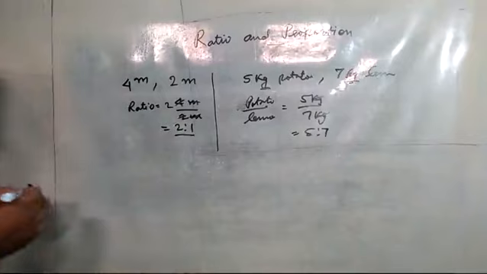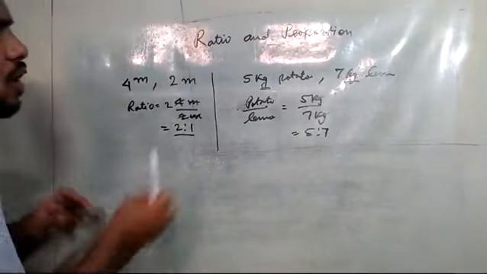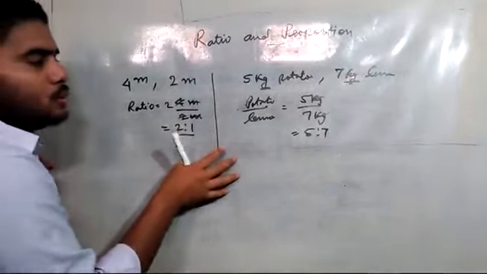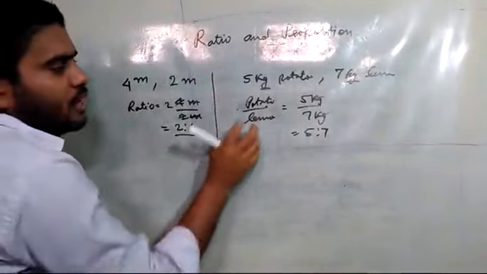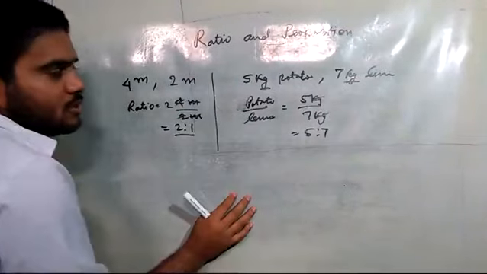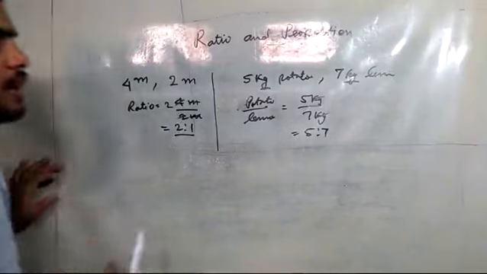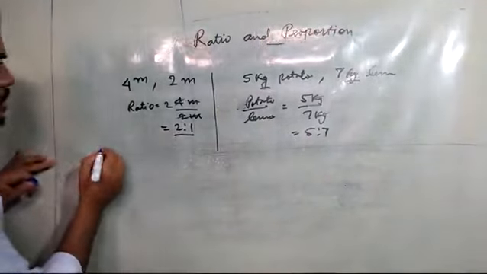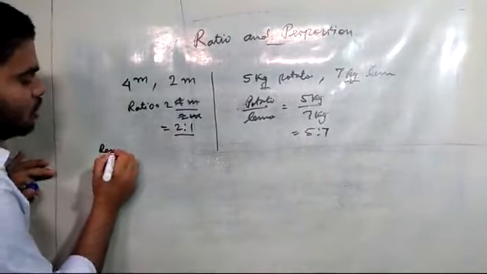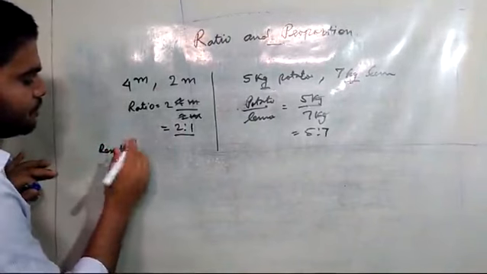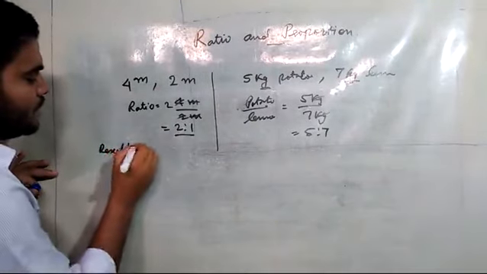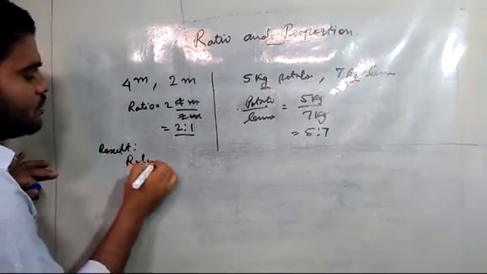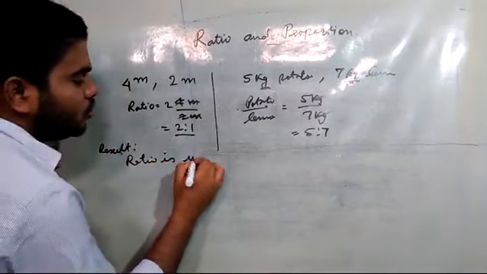So what did you understand? That ratio is always found out between two similar quantities and it does not have any units. What we should note here is that ratio is unitless.